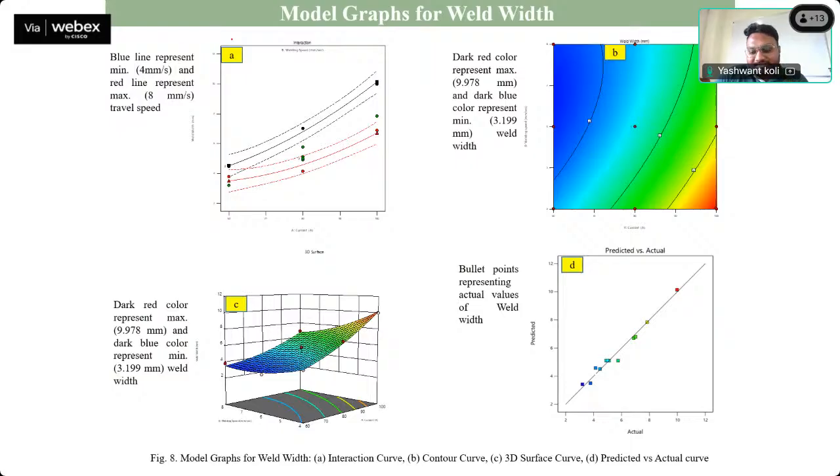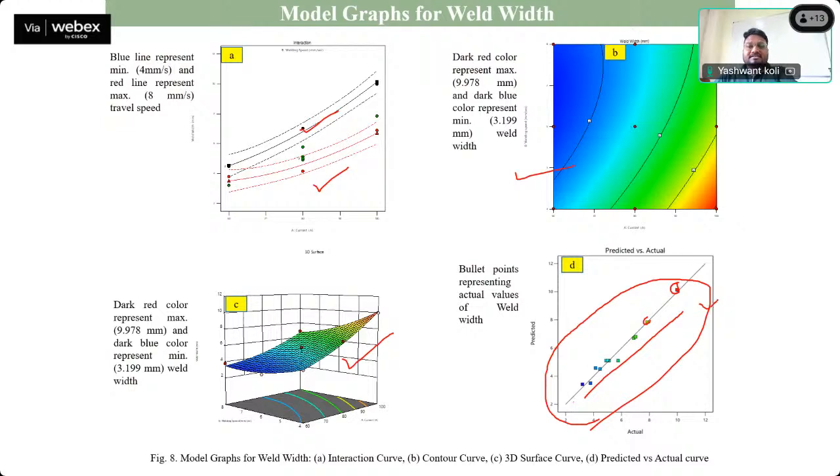So these are the model graphs of weld width. You can see this is the interaction curve, this is the contour curve, this is the 3D surface plot, and this is the predicted versus actual results. The actual results are the points, and the straight line is the predicted values, and you can see they are on the same line.